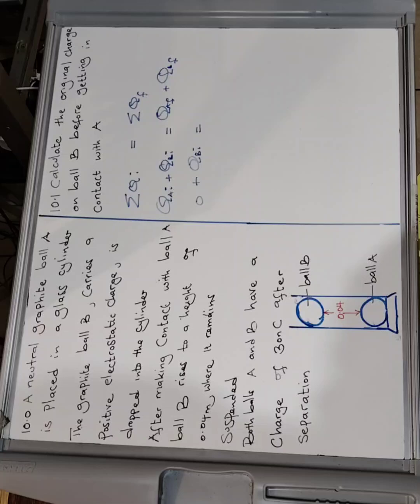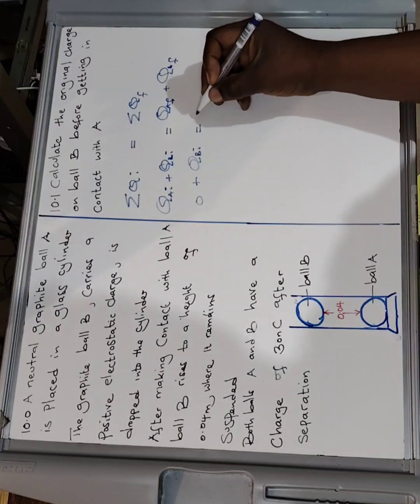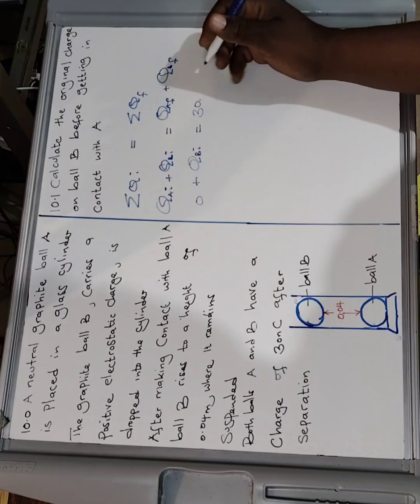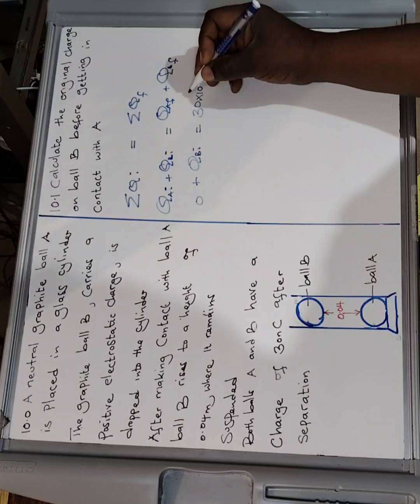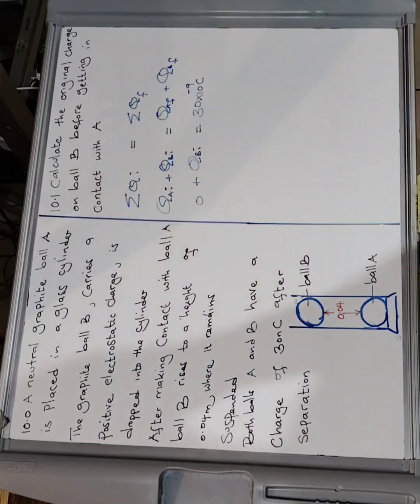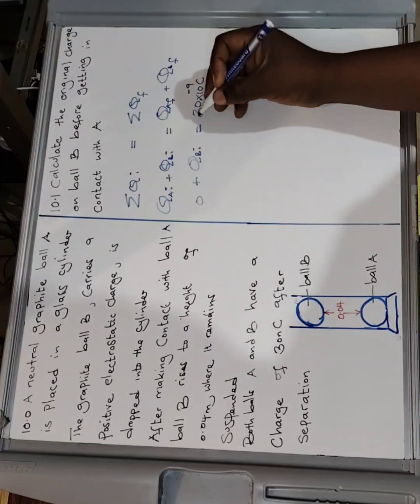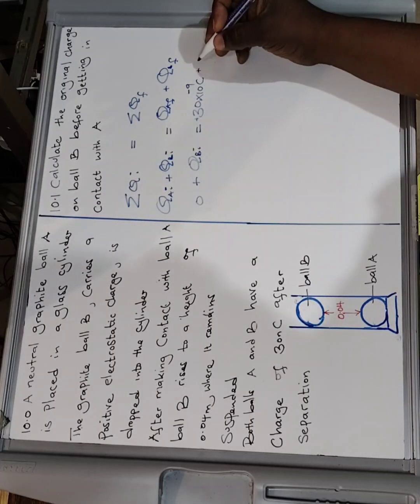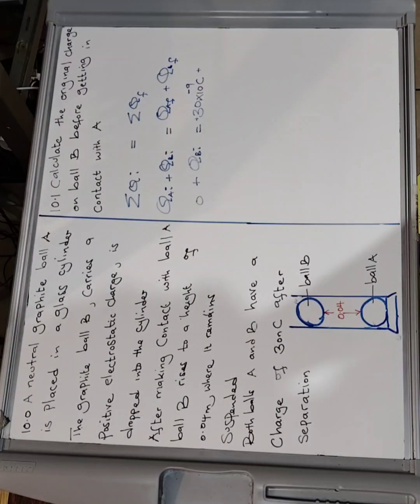What is the charge of A finally? It is 30 nanocoulomb. Let's put it in SI units: 30 times 10 power minus 9 coulomb. And we said it was carrying a positive charge, so it's positive. Remember, it's a principle: after two charged bodies touch and separate, they share the same charge.